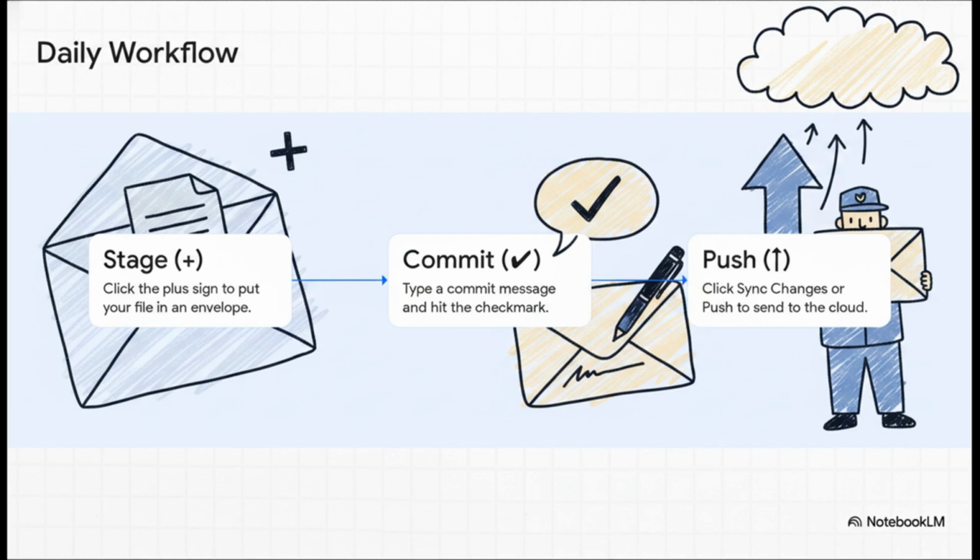That is committing, sealing the envelope and creating a permanent save point in your local history. Finally, just click that big blue Sync Changes button or the push arrow. That literally hands the envelope to the mail carrier, sending your brilliant code live up to the cloud. Plus, checkmark, push. That is your beautiful new rhythm.